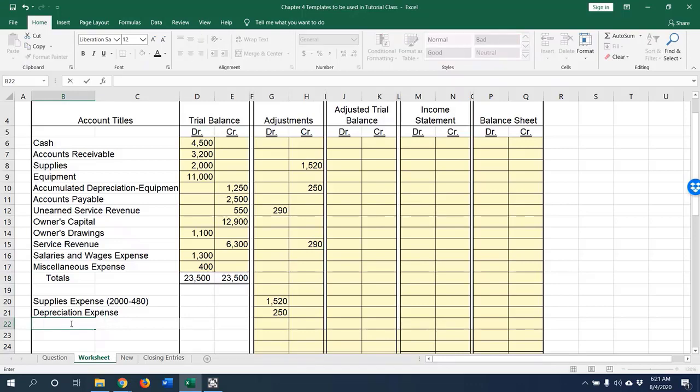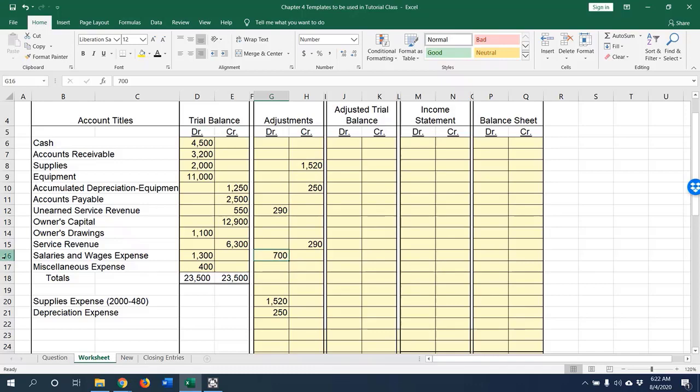Should I write it here? No, because salaries and wages expense is already here. Okay, so we have to debit the salaries and wages expense. So this is the debit side again. So we'll just write $700 here in this salaries and wages expense row.